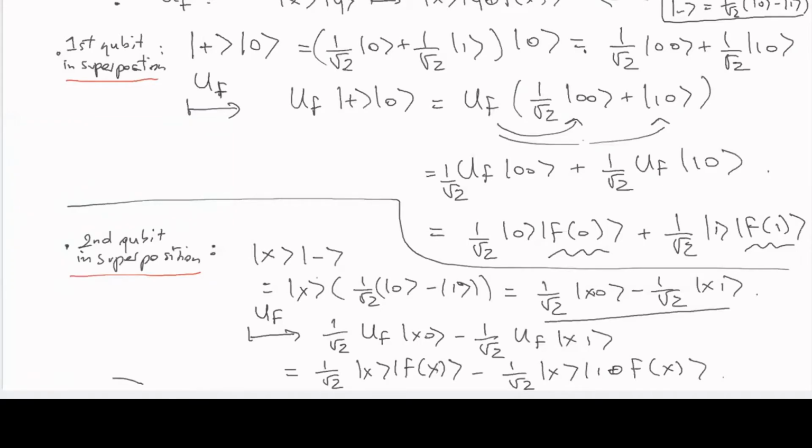Okay, so I'm going to copy this expression to the next slide. What we had at the bottom just now was 1 over square root of 2 x f of x, minus 1 over square root of 2 x, 1 plus f of x.